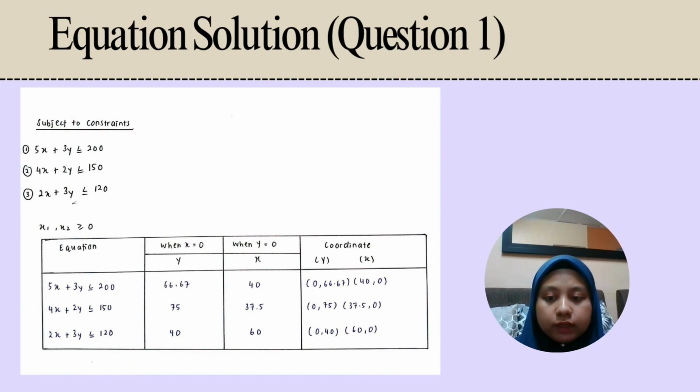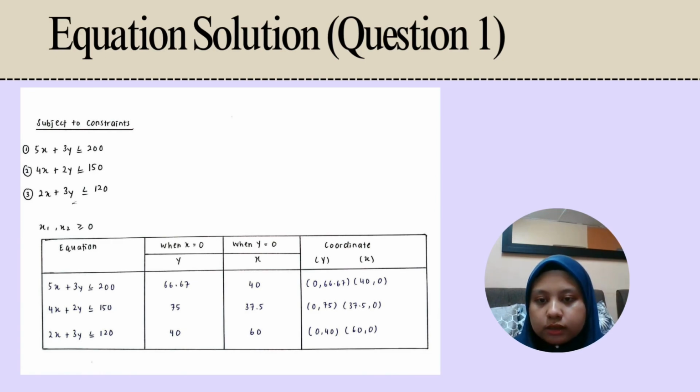To solve this graphically, we calculate the intercepts for each constraint by setting x equal to 0 and y equal to 0. Based on the table given in the slide, the first equation is 5x plus 3y less than or equal to 200. The coordinate for y will be 66.67 and the coordinate for x will be 40.